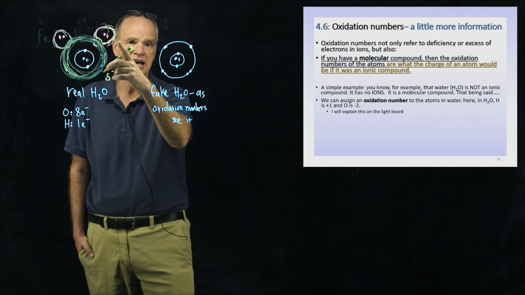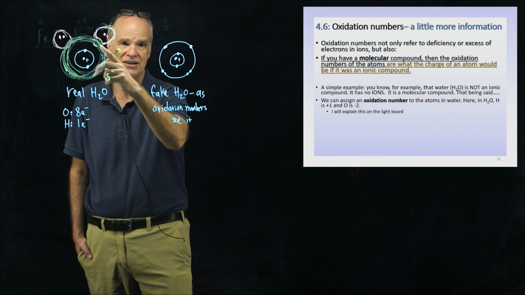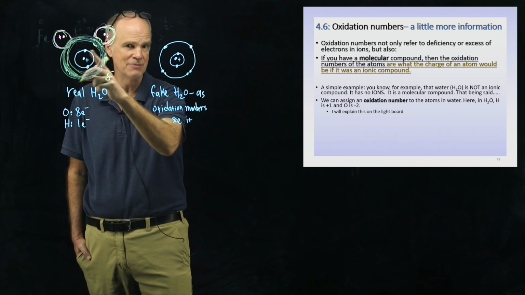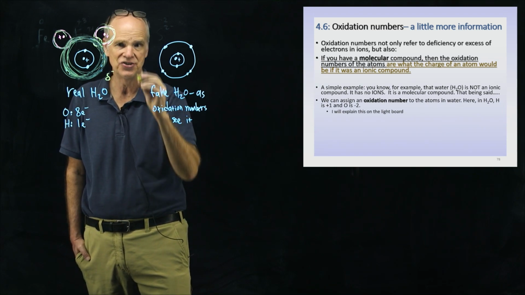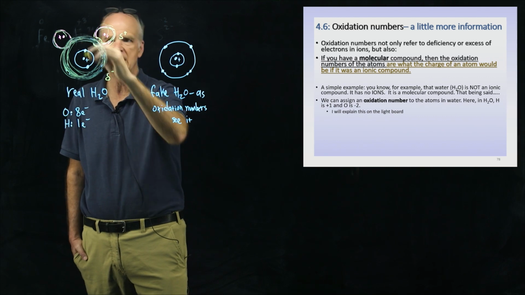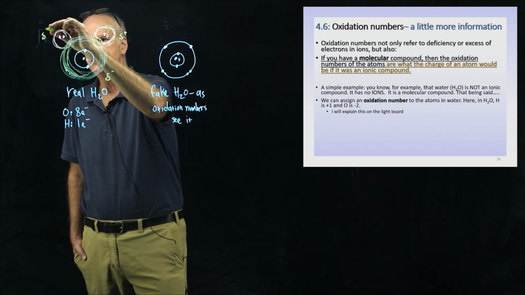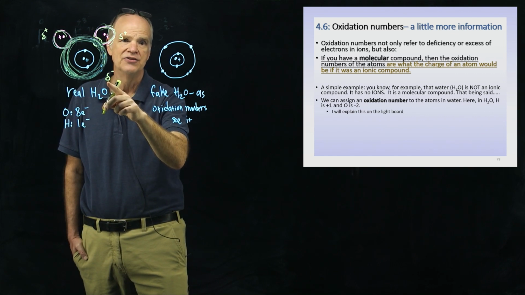The hydrogen has less electron density than normal, because those hydrogens' electrons are spending more time around oxygen than hydrogen, and so it has less electron density than normal. So this is going to be delta positive for this hydrogen, and delta positive for that hydrogen. When I have delta here, that indicates a partial charge.